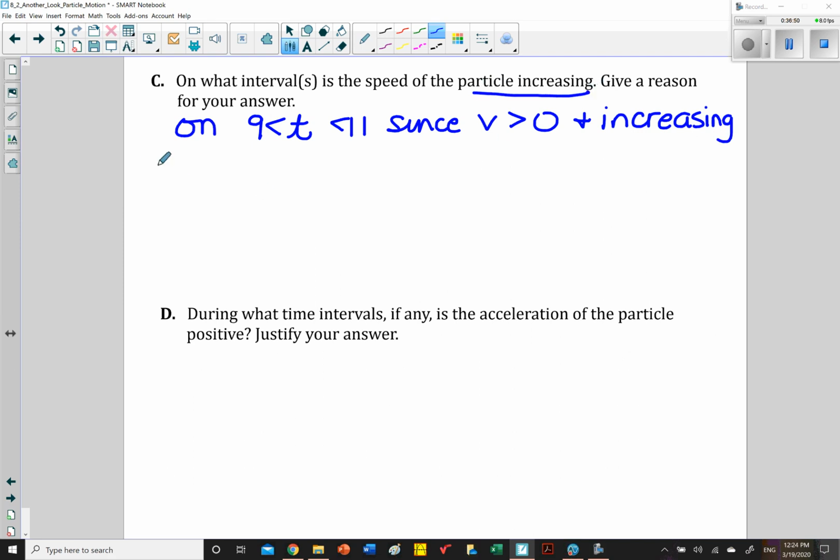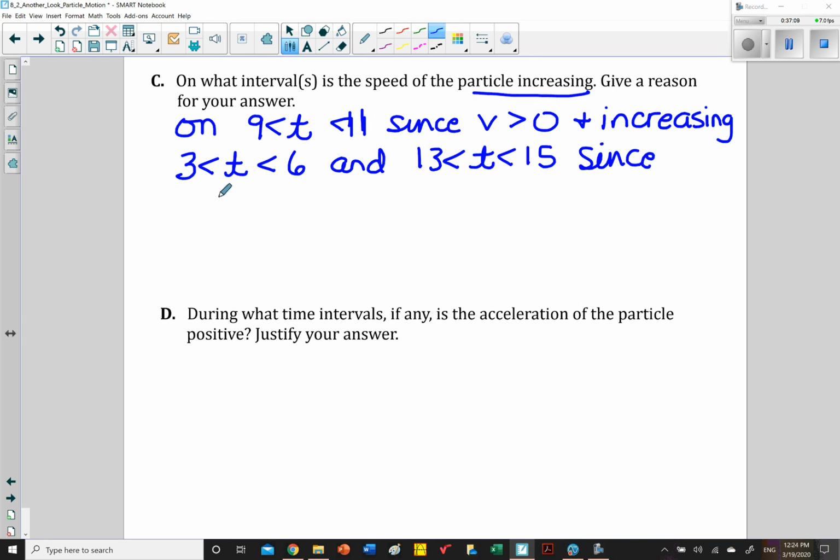The speed is increasing. And then on 3 to 6 and 13 to 15, because velocity is negative and decreasing.